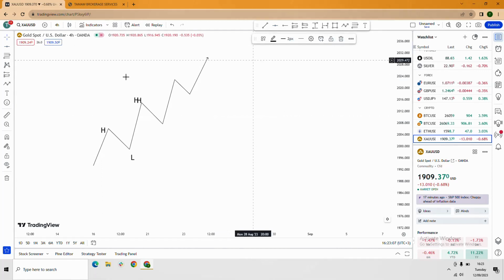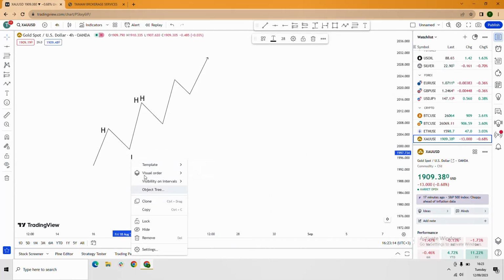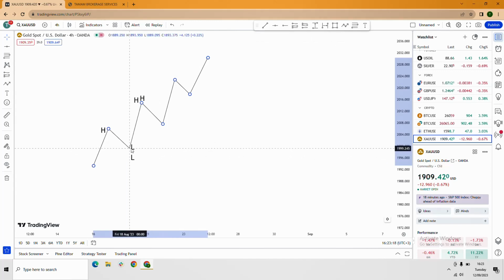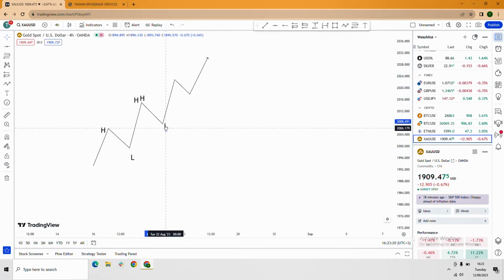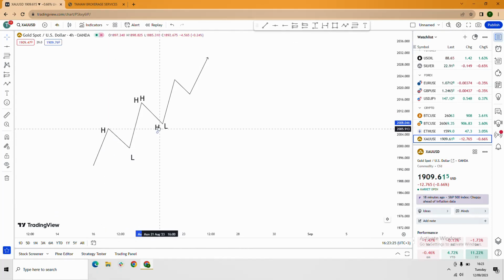So that makes it a higher high. Even after this higher high is formed, price will drop down to create what we call a higher low.